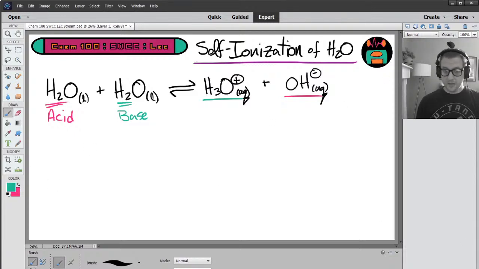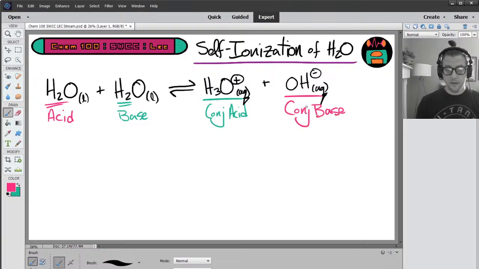Now, the hydronium ion, this H3O+, is the conjugate acid, and the hydroxide is the conjugate base. All right?